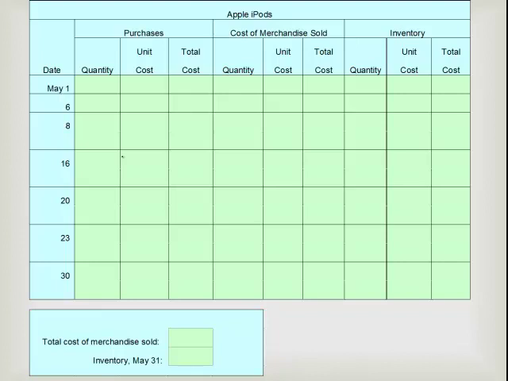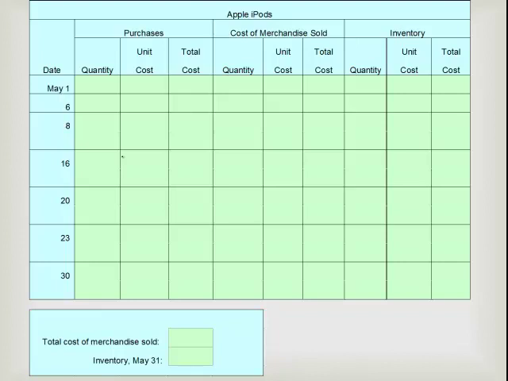Think if this was 8,000 units or 800,000 units of iPods. When we have huge numbers, we have to have some kind of system to keep up with which ones we are selling. Are we selling the ones that we paid $30 or $69 for, or the ones that we paid $72 for? That's going to affect our journal entry.